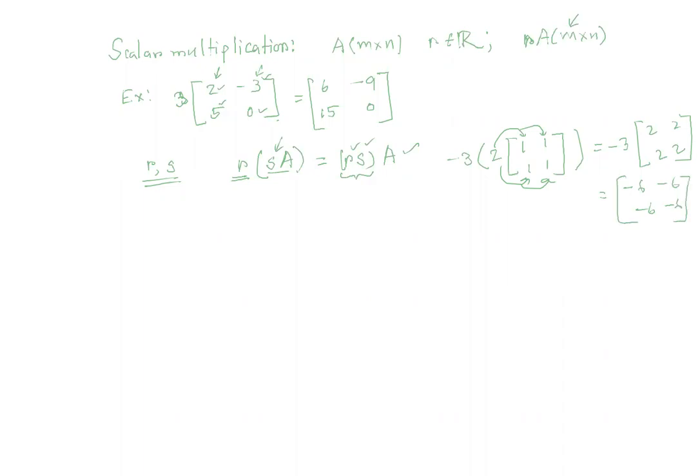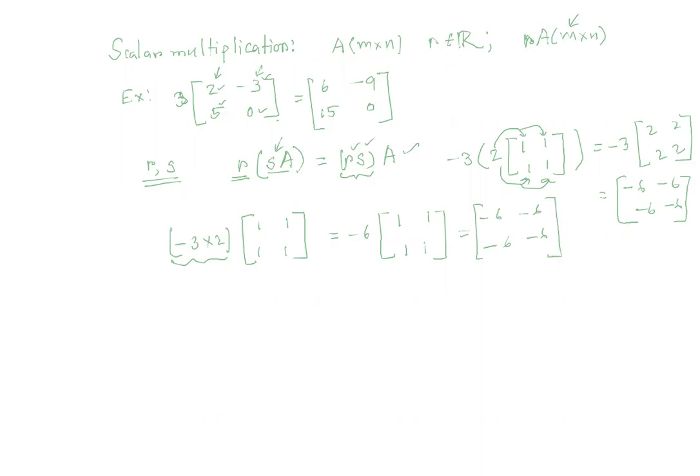On the other hand, if I take negative 3 times 2 and multiply the matrix by this resulting value, which is negative 6 times 1, 1, 1, 1, it's going to be negative 6, negative 6, negative 6, negative 6.